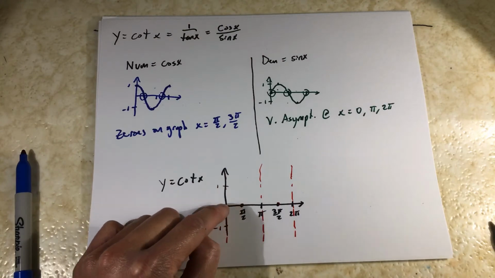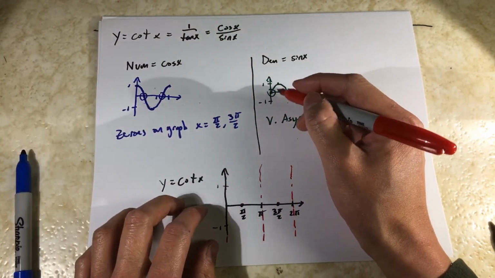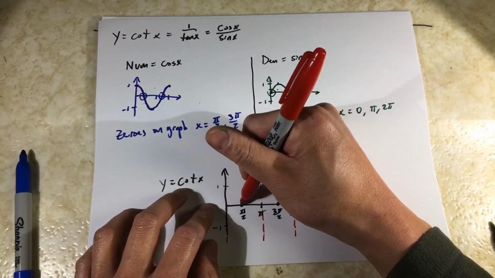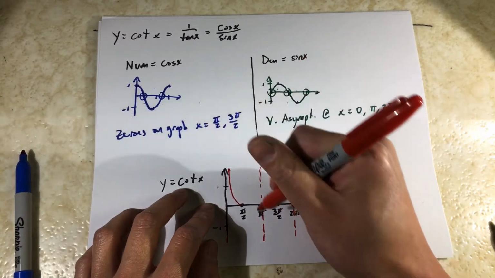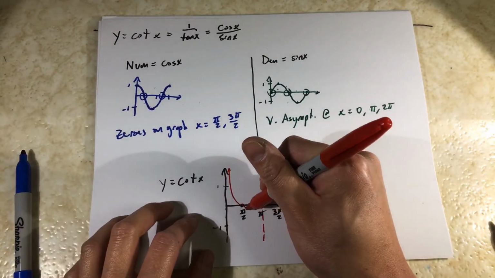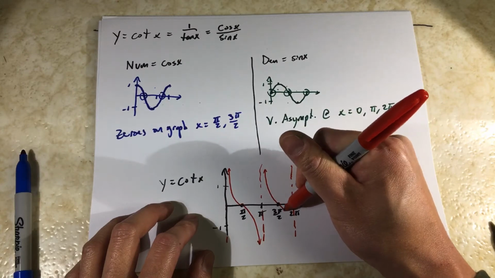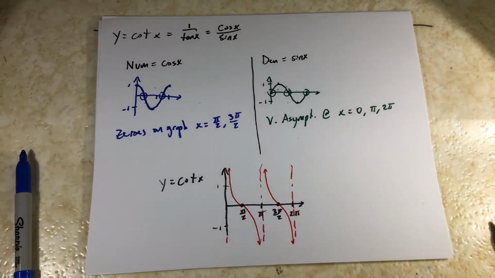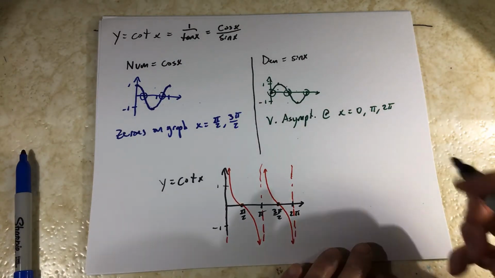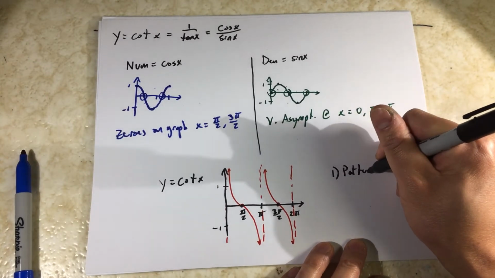In this first region between 0 and pi over 2, we have a positive and a positive. So positive over positive is positive, so it's going to go toward positive infinity. And then we have a negative and a positive, so that's going to go to negative infinity. If you follow that same reasoning, you get this. So that's our cotangent function. And again, pay attention to the pattern.